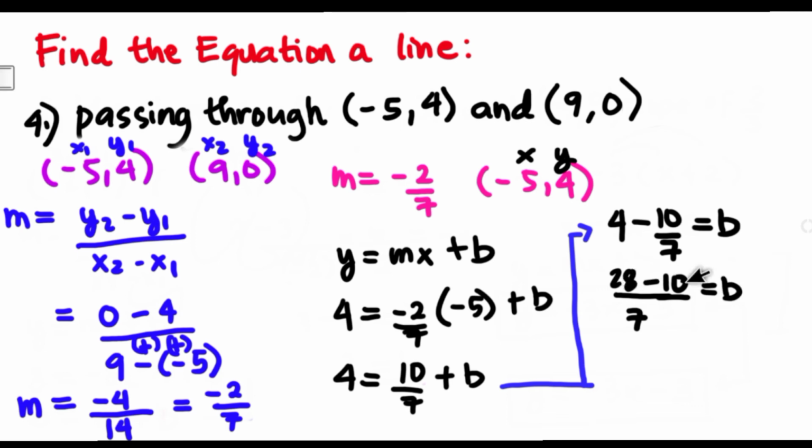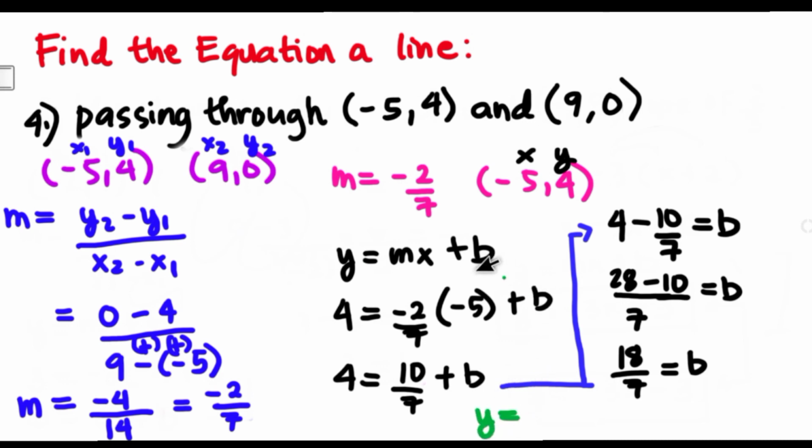So, 28 minus 10, that will be 18 over 7. So, that is the y-intercept.